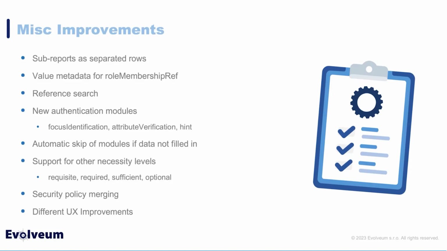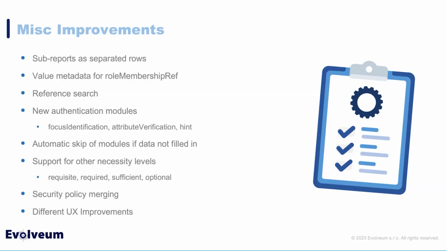One improvement is the possibility to define security policy related to archetype. Another improvement is that all the security policies are now merged. It still applies that the password reset might be enabled only on a global level, so in the security policy reference from system configuration.